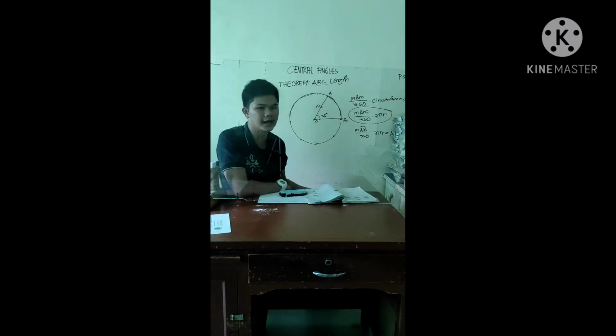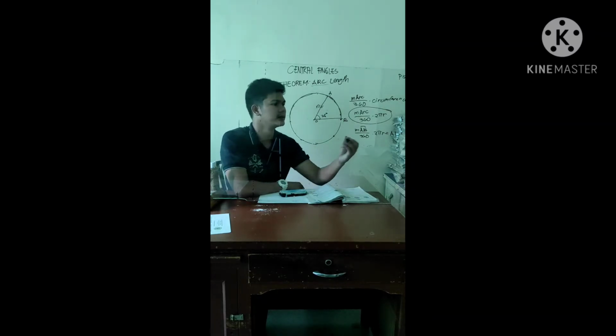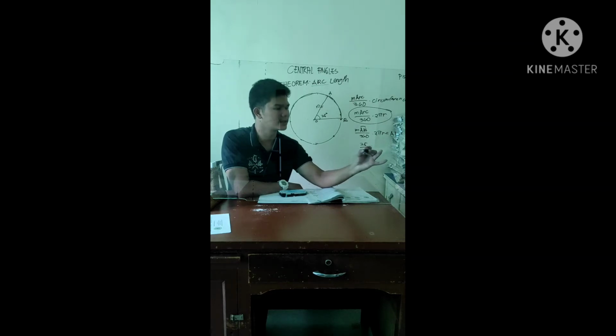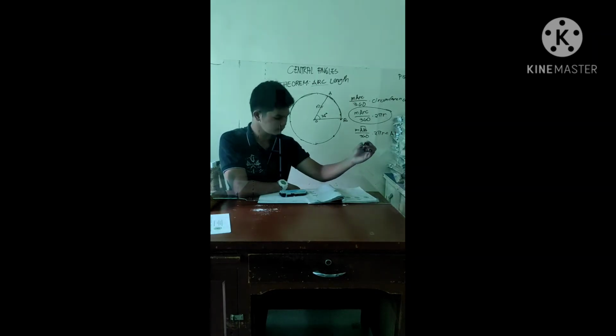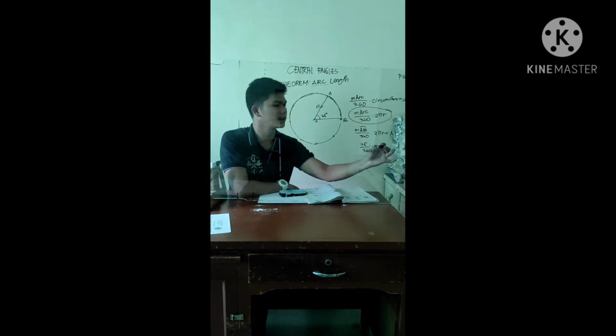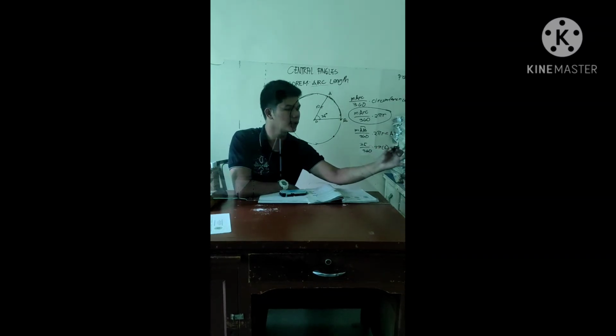Okay, central angle intercepted arc postulate. So, meaning this is 35 divided by 360 times 2 pi r, our r which is 5, that is equal to our arc length.